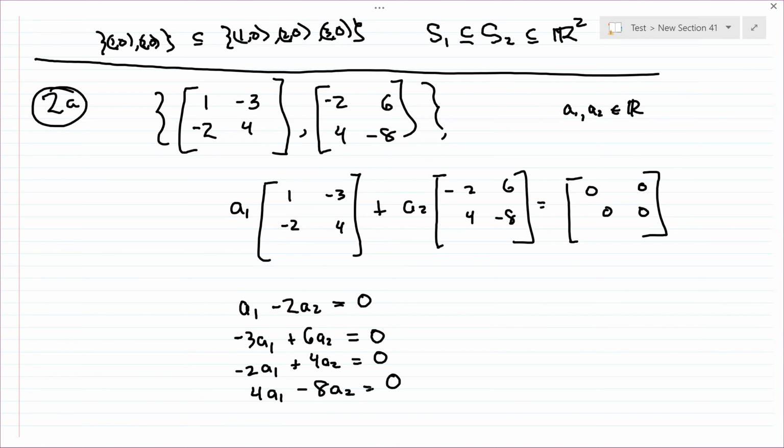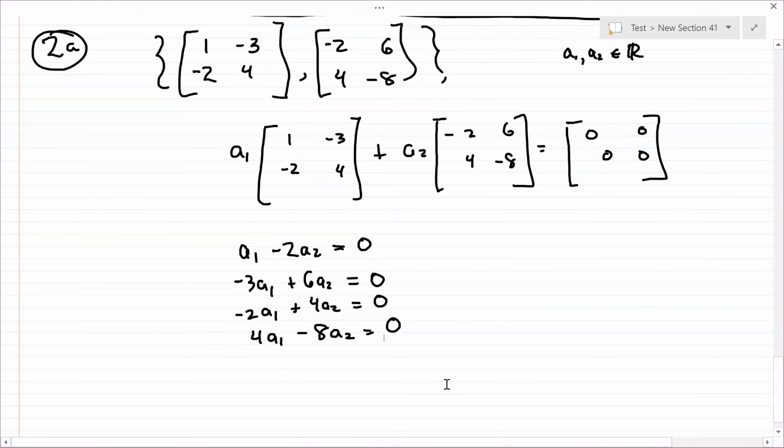And again, we know one solution of this would be all A's being 0, but is there another solution? I think our usual techniques would be what we want to use, which is adding and subtracting multiples of equations to each other. Though, let me just look at this for a second.